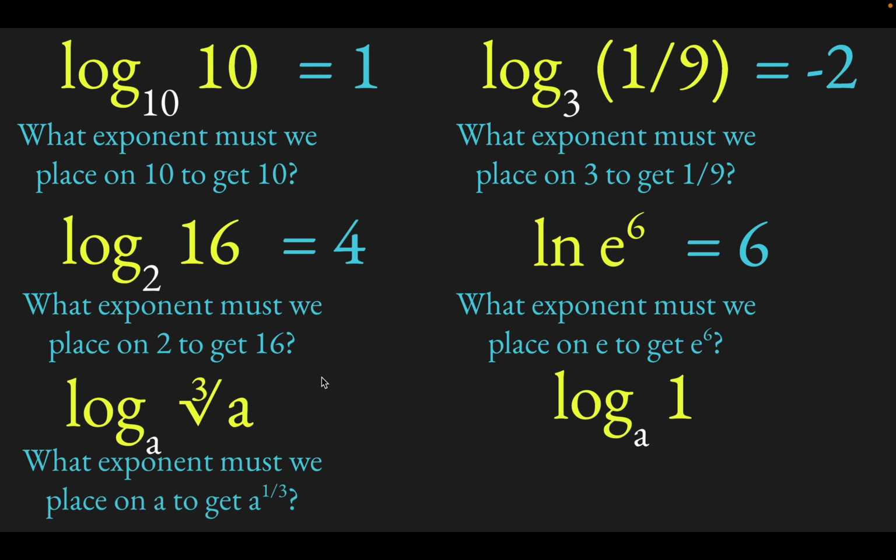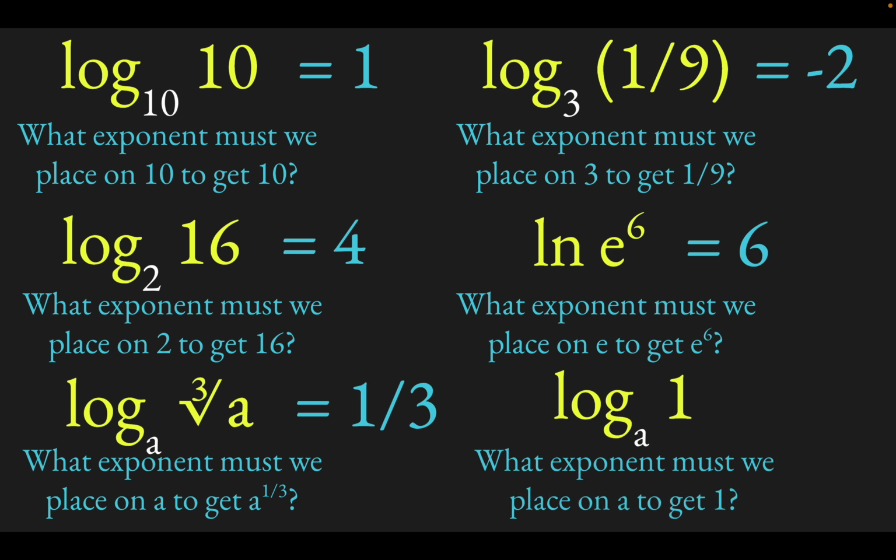What exponent must we place on a to get a to the 1/3, which is what cube roots are? Well, I would place a 1/3 on a to get the cube root of a. And so the log base a of cube root of a is 1/3. And then finally here we have log base a of 1. What exponent should we put on a to get 1? Well, anything to the 0 power is going to be 1. So we must get an answer of 0 here.